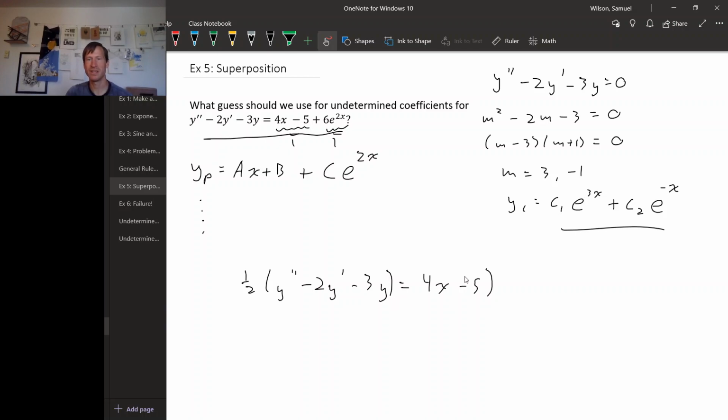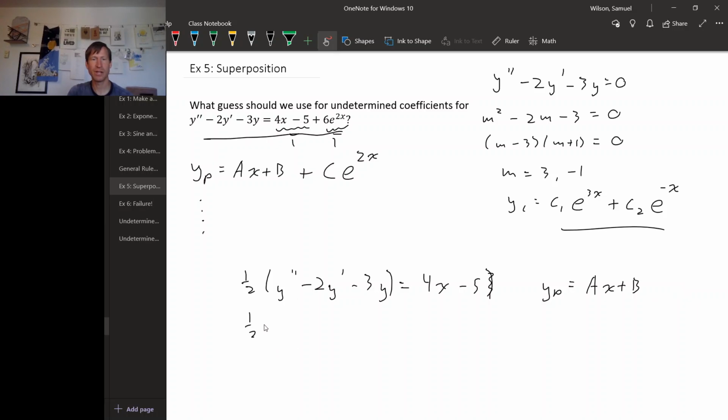I need a parenthesis here. And also, for this first equation, what you would guess for your particular solution is ax plus b. And you would find a particular solution that looks like this.